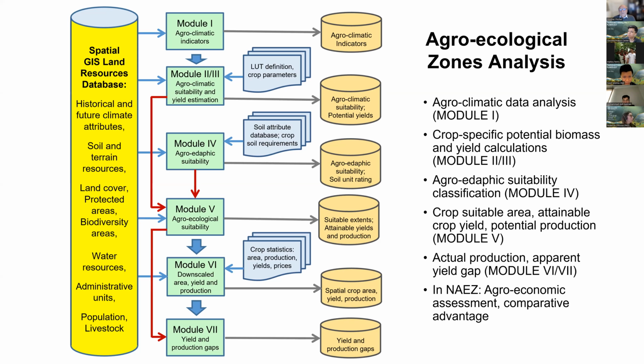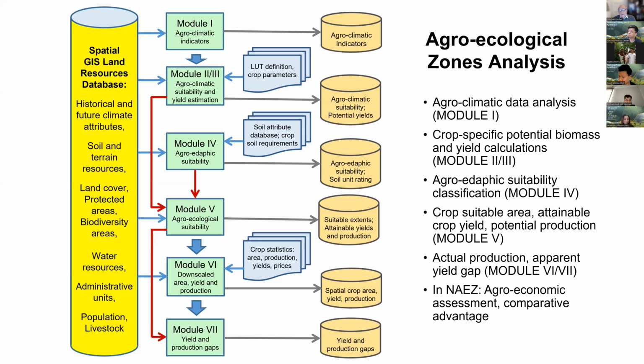With this information available, we go to the next step, module 4, which uses a spatial soil database and soil attribute database to do an agro-edaphic suitability assessment for each of these land utilization types. Again, details will be presented in the coming days.